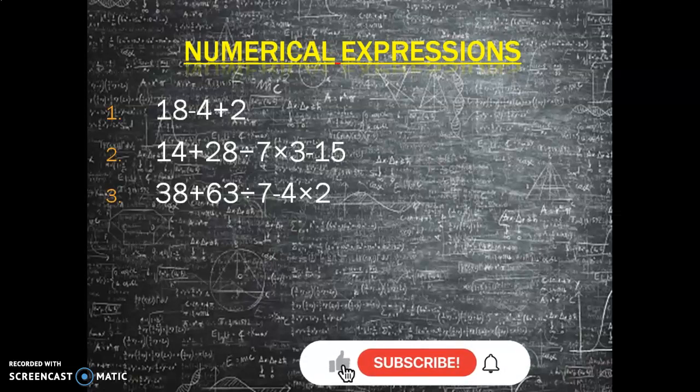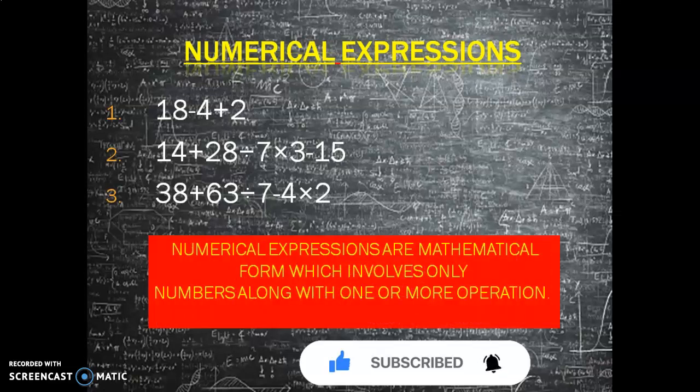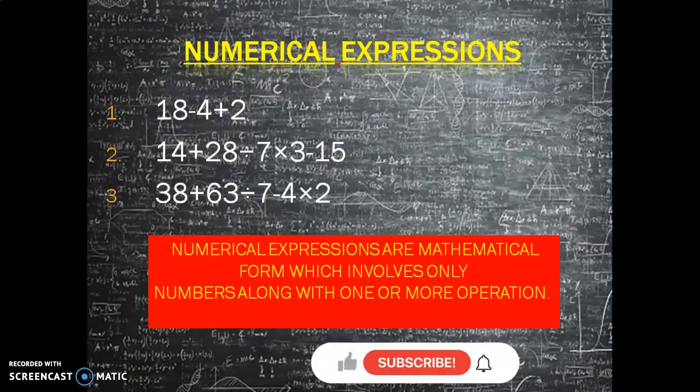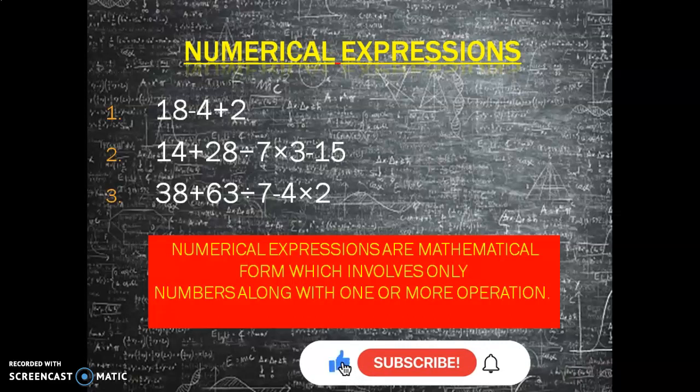Yes, these examples are mathematical forms which involve only numbers along with more operations at a time. So we can say numerical expressions are mathematical forms which involve only numbers along with one or more operations.